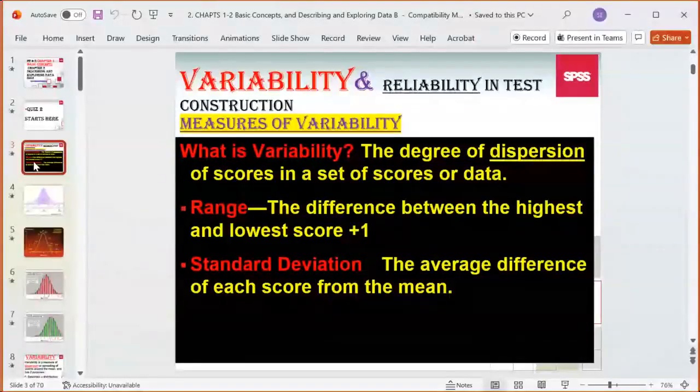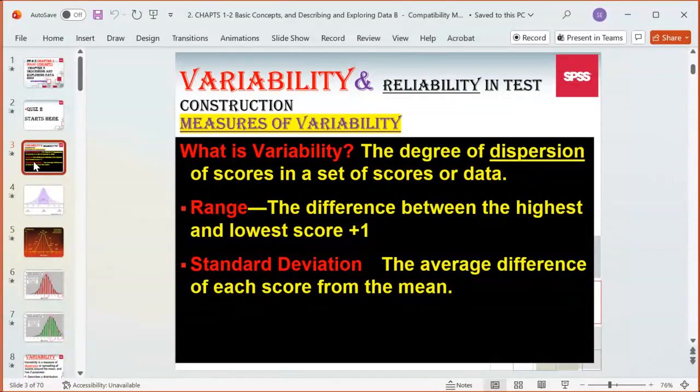Again, this is not a research method class, but one way to know about the quality of your questions in a test or in any kind of measurements that you're creating or inventories, is to know the reliability and validity of not just your questions, but your entire test.